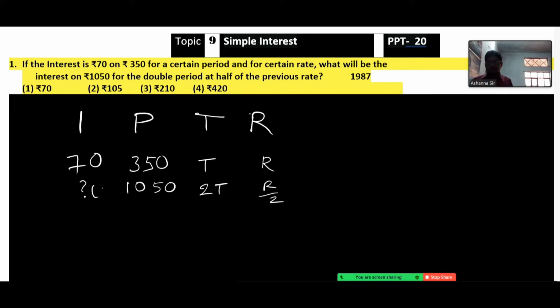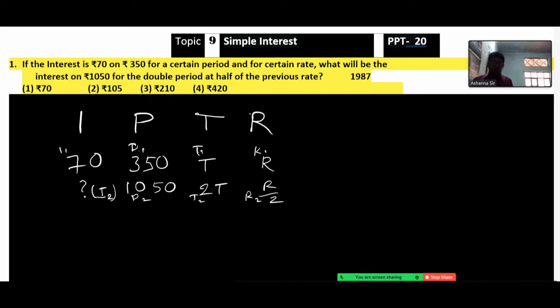So this we take as I2. These are I1, P1, T1, R1, and I2, P2, T2, R2.